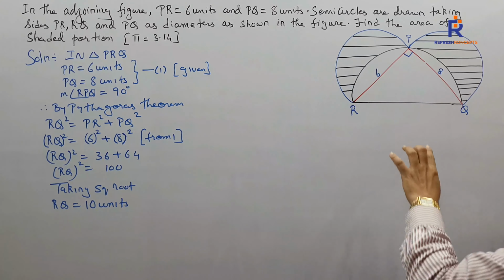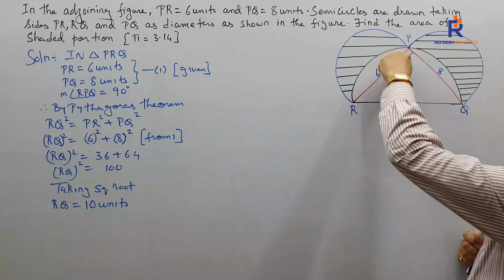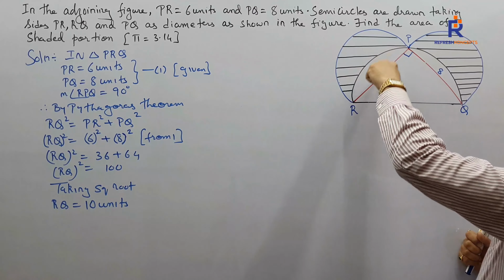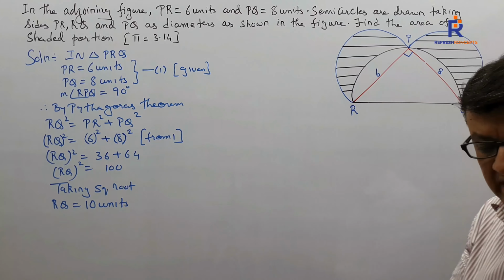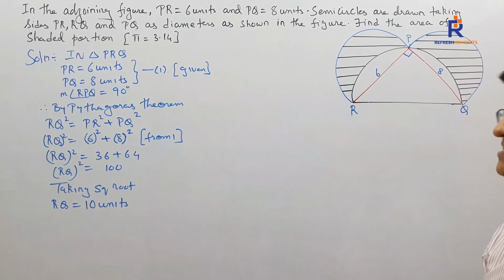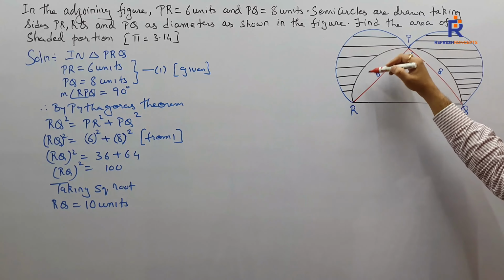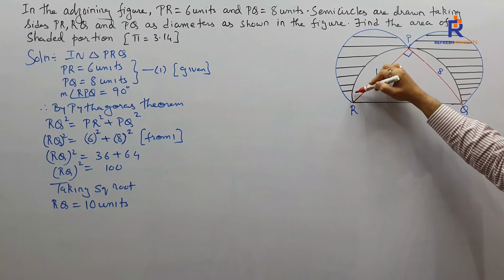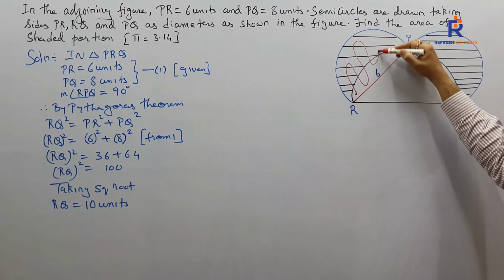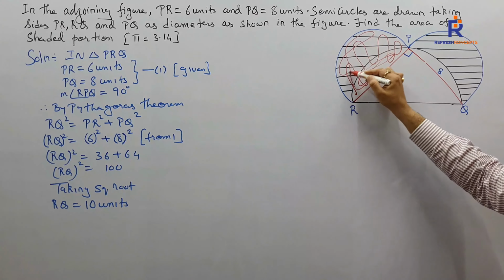I'm going to find the area of the semicircle with PR as a diameter. I'm taking a different marker to make you understand. So when you say area of semicircle with PR as a diameter, sir, the entire this will come. Yes, I am interested in finding all this.